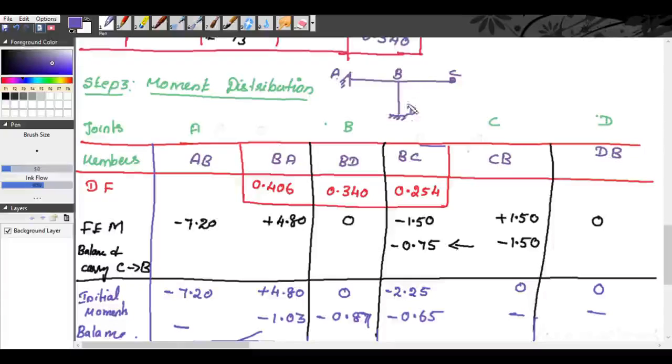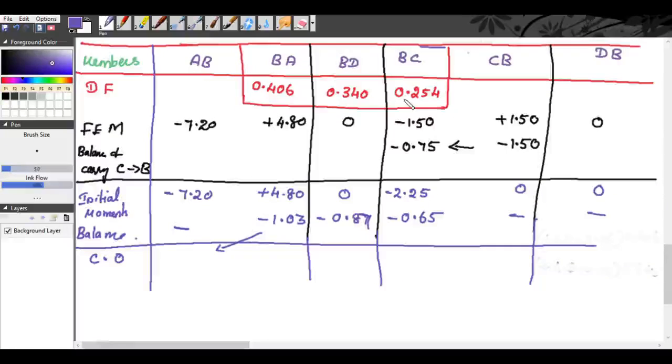Now between B and D, D is fixed support, so no carryover from D. From B, half is carried to D. So minus 1.03 divided by 2 we get minus 0.52. Minus 0.87 divided by 2 we get minus 0.44.